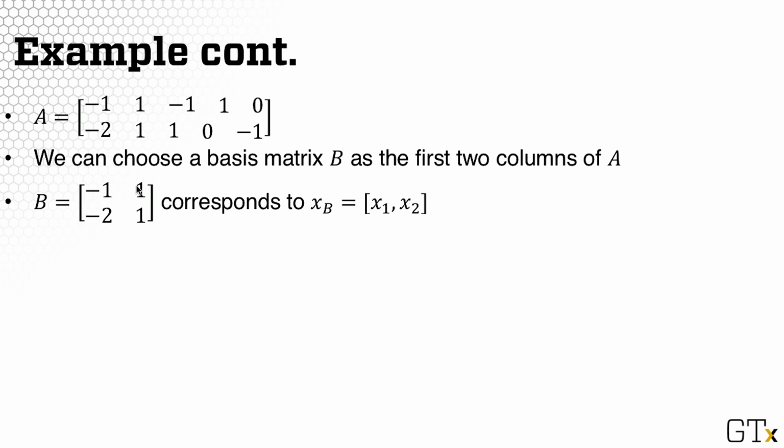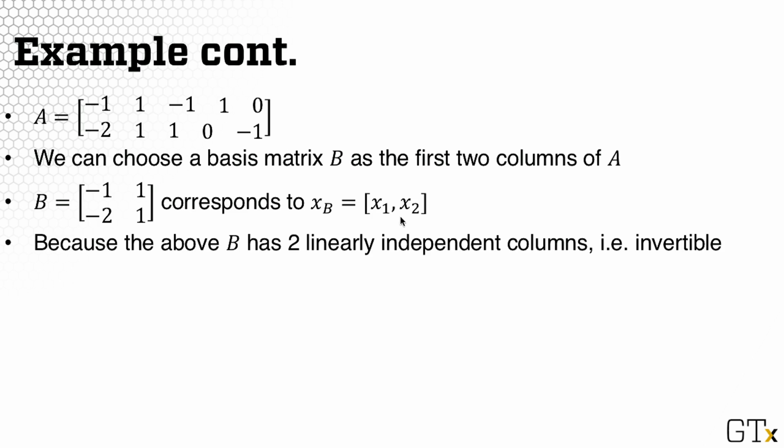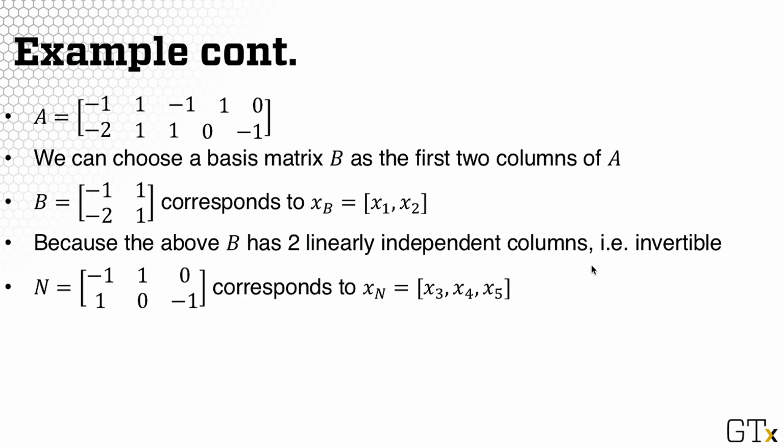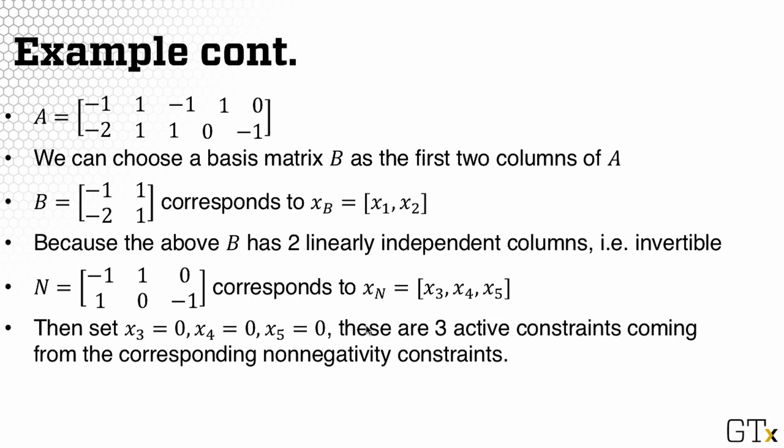And because these 2 columns are columns 1 and 2, so they correspond to a vector of xb, which is the basic variable of x1 and x2, the first 2 variables. And since b is invertible, it is a basis, while n is the rest. So we have first 2 columns as b, and then the rest columns are n, non-basic variables, x3, x4, x5.